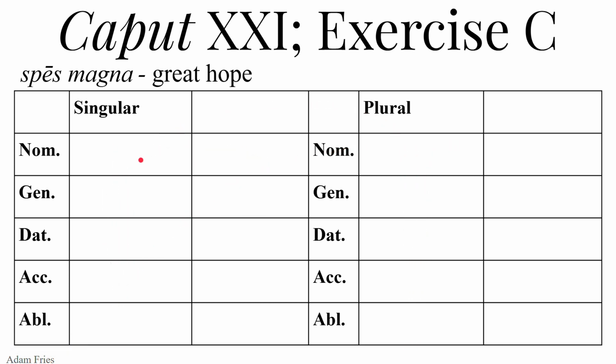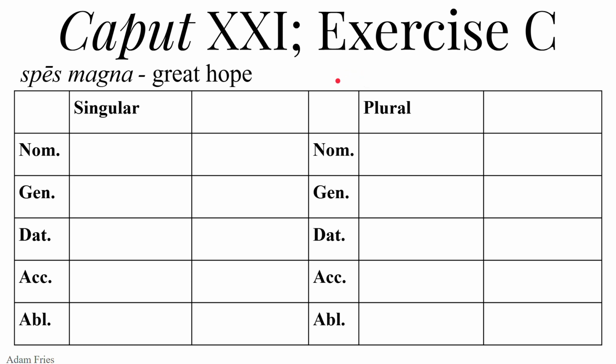So you should work to see it as spes magna, spei magnae, spei magnae, spem magnam, spe magna, spes magnae, sperum magnarum, spebus magnis, spes magnas, and spebus magnis.